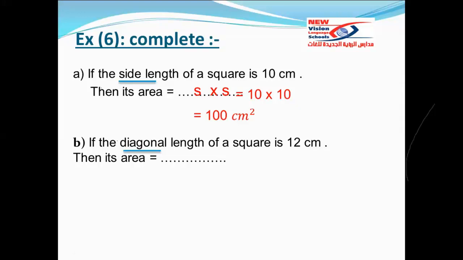What rule? Half times D times D. Excellent. We will use half times D times D. Substitute: half times 12 times 12 equals 72 square centimeters. Excellent. Thank you.